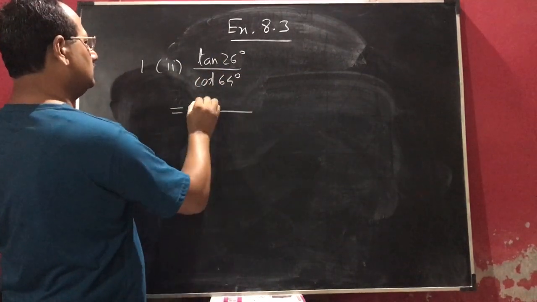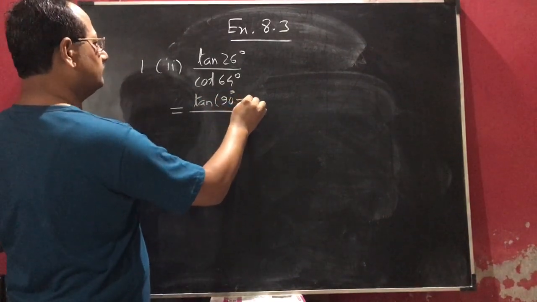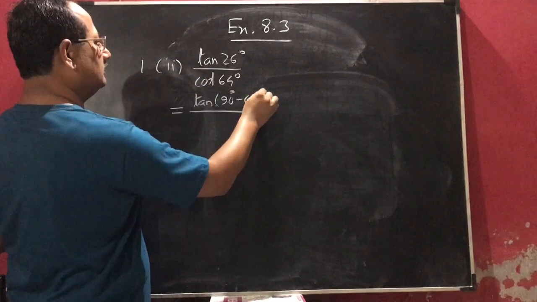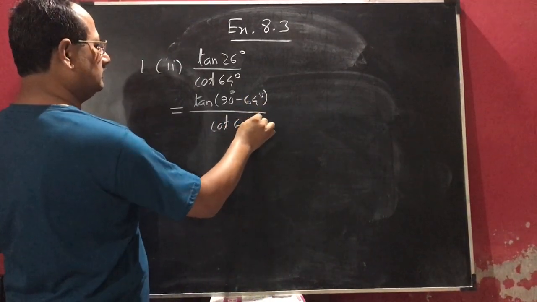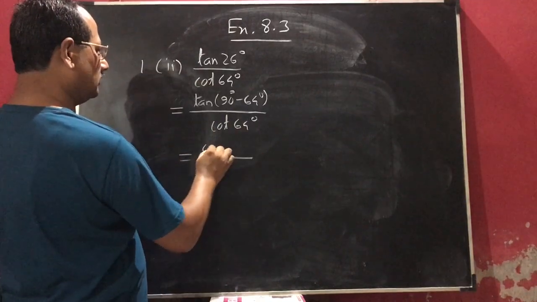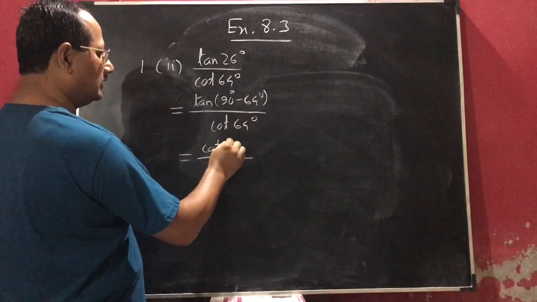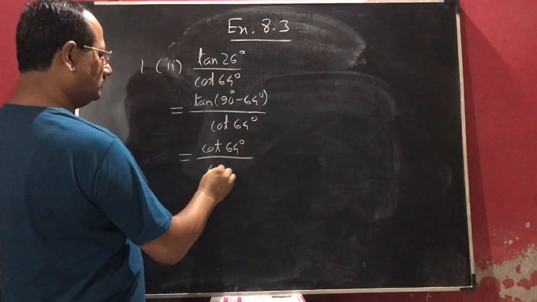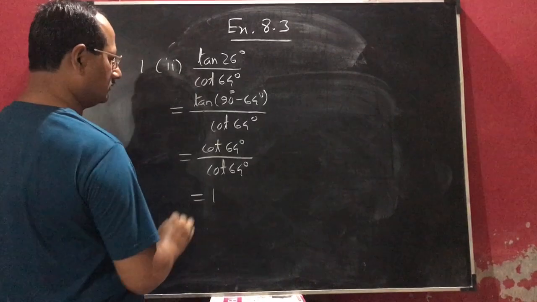That is equal to tan of 90 minus 64 degrees divided by cot 64 degrees. So tan of 90 minus theta is cot theta, giving cot 64 degrees over cot 64 degrees. That is equal to 1.